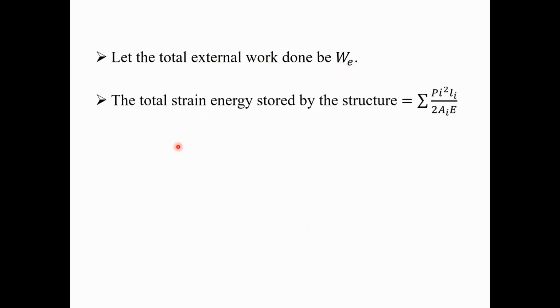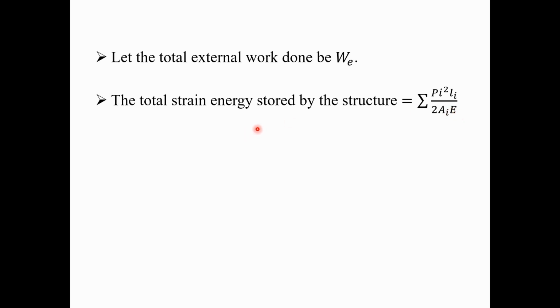Let the total external work done be WE, and the total strain energy stored by the structure is equal to the summation of Pi square into Li divided by 2 into Ai into E, which is the strain energy stored by the axial members.